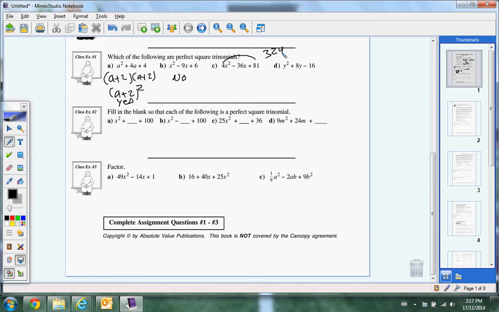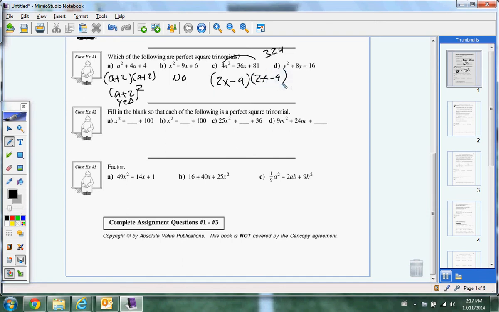But if you want to look at the patterns, let's pause for a second. If you're trying to crunch some numbers, pause for a second. We know that the first number is squared and the last number is squared, right? From the pattern. So what's the square root of 4? 2, so 2x. What's the square root of 81? 9. And it's a minus. So let's see if 2x minus 9 works.